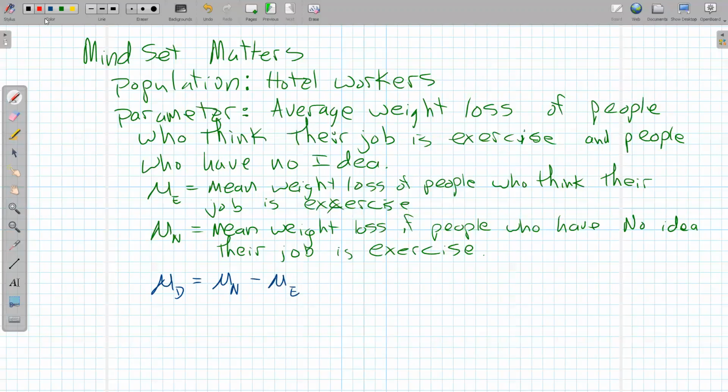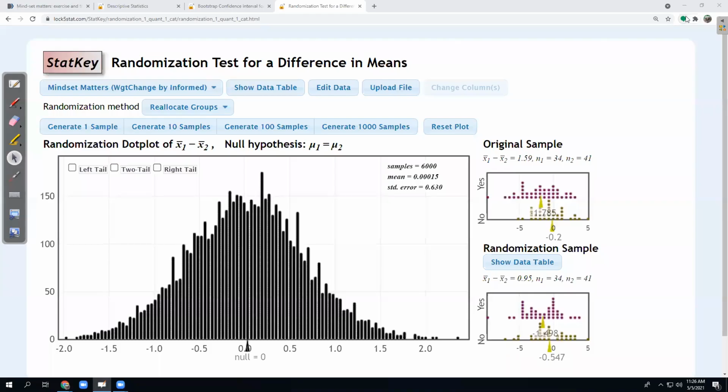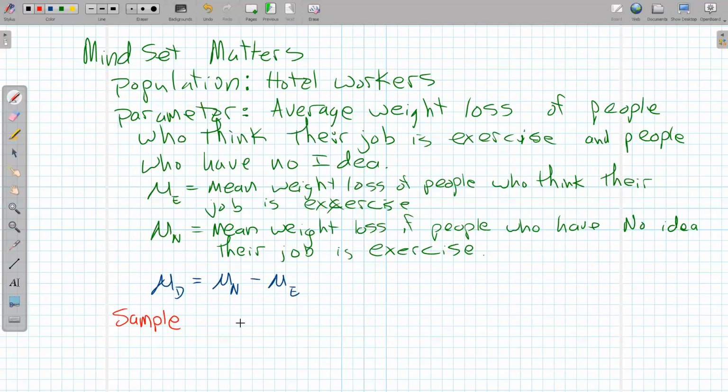And then we have this sample. Sample size total was 75, 34 plus 41. 75 hotel workers.